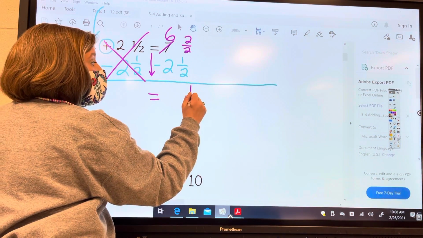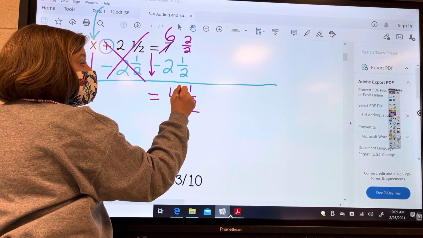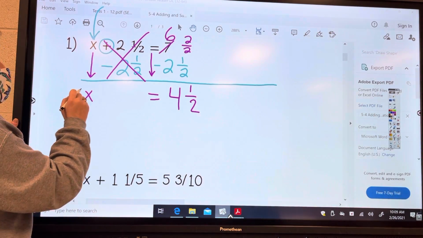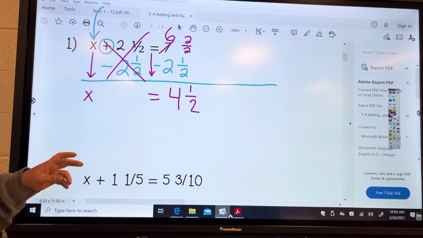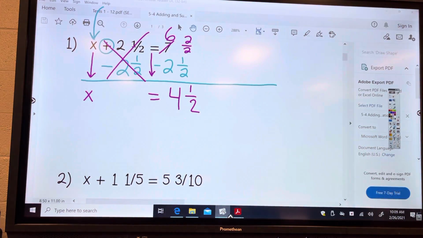I keep my denominator the same. 6 minus 2 is 4. So x equals 4.5. We can check our work. 4.5 plus 2.5 should equal 7. Okay? I want you to work on number 2.